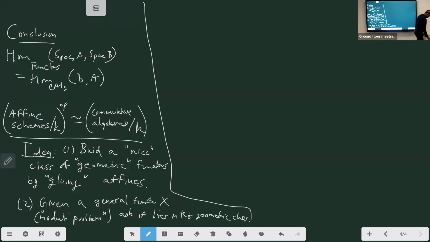So I don't know, one thing I could do is to explain how this gluing looks. I could just say gluing and stop, or I could give you an idea of what gluing means, at least for schemes. So maybe I can ask the audience, or Daniel, what do you think? Would people like to hear about how the gluing works?